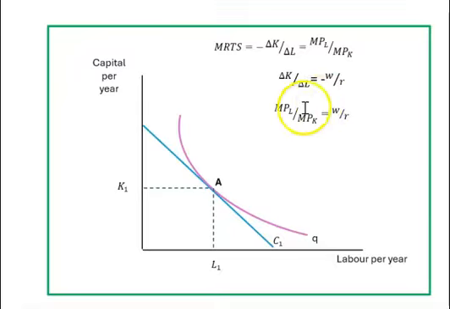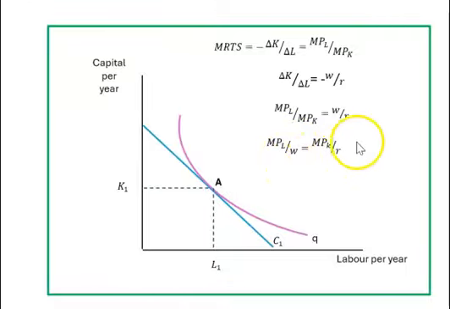And if we rewrite this equation, what we get is marginal product of labor over wages equals marginal product of capital over the rental rate. What this means is that marginal product of labor over wages is the additional output that results from spending an additional dollar on labor.